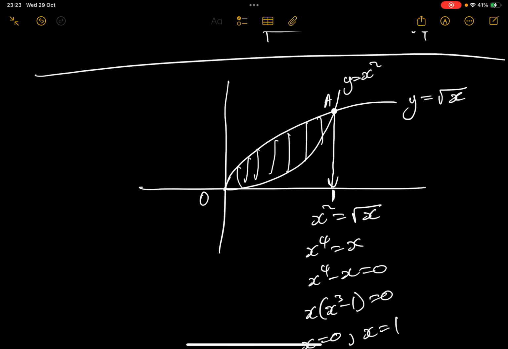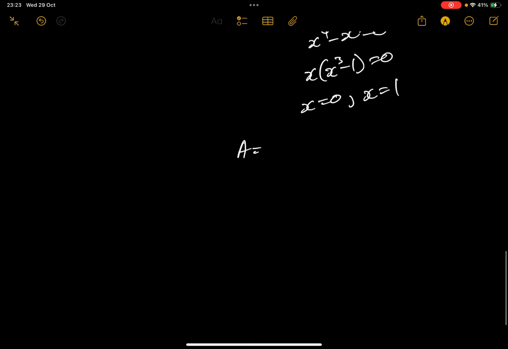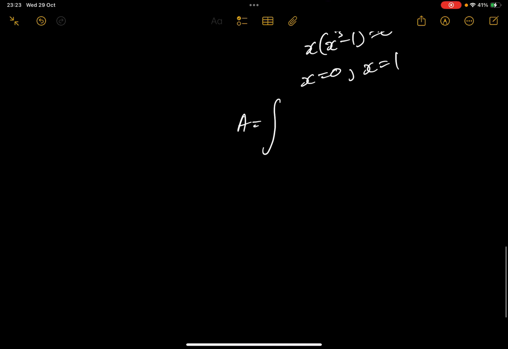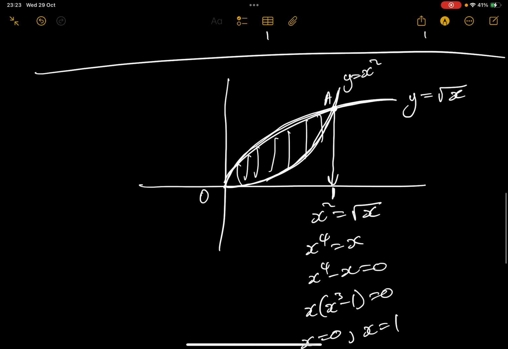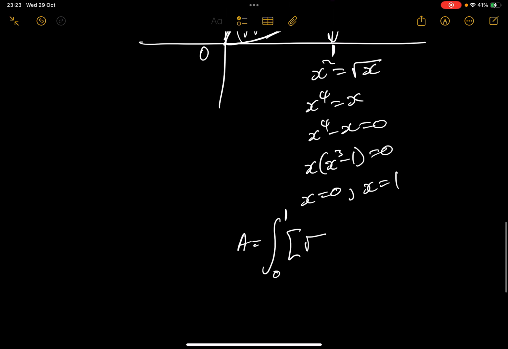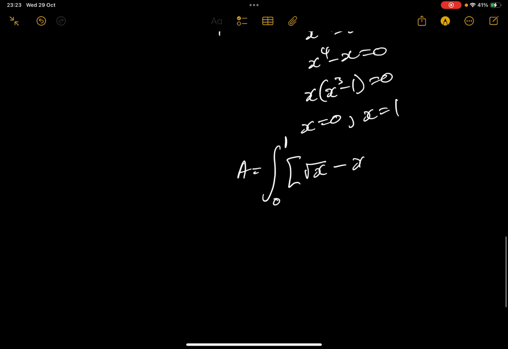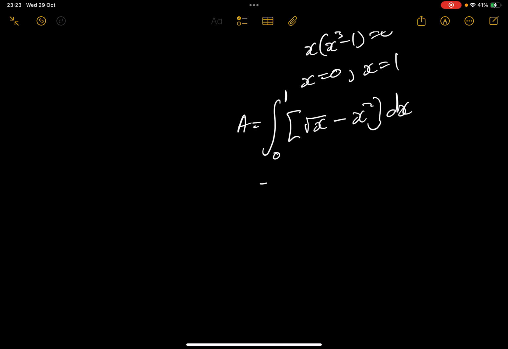It's going to be the area of the graph on top minus the one on the bottom. So the area is going to be the integral from 0 to 1 of root x minus x squared dx.